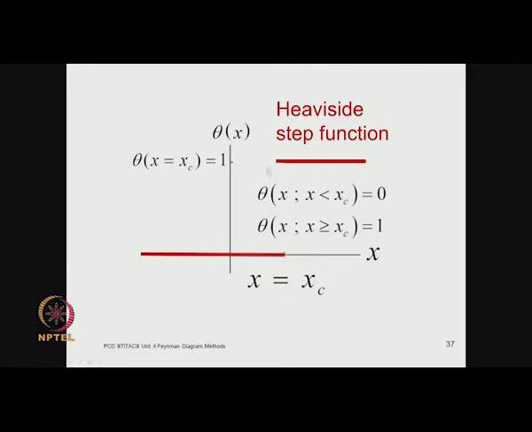So, here it jumps, there is a singularity here, it jumps, okay. It jumps, and that is the reason it is called a step function. It is just the way you climb a staircase, okay. So, this is called a step function, and we will use the Heaviside step function to represent our operator functions in the integrand.